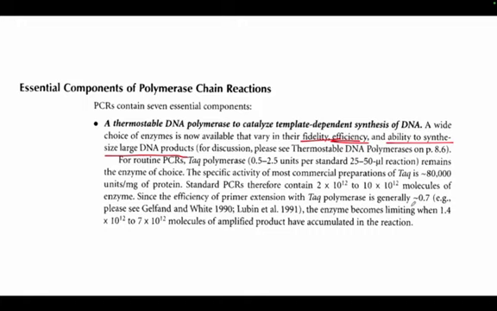So that gives you an idea of how efficiently it will catalyze our PCR reaction. There are enzymes which are far more efficient, have better fidelity, have better processivity than Taq, but they're usually more expensive, and so Taq polymerase is fine for most standard PCR reactions.